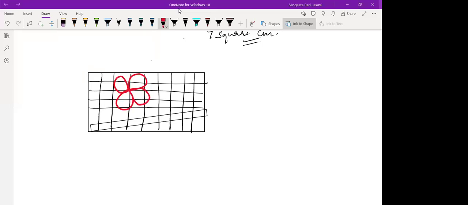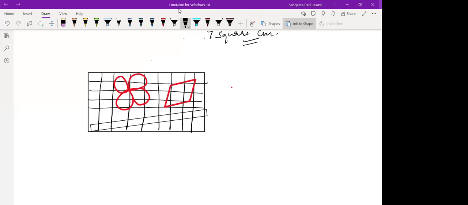So find the area of this flower and this leaf. Find the area of these two shapes. Now see, let's take this shape first.